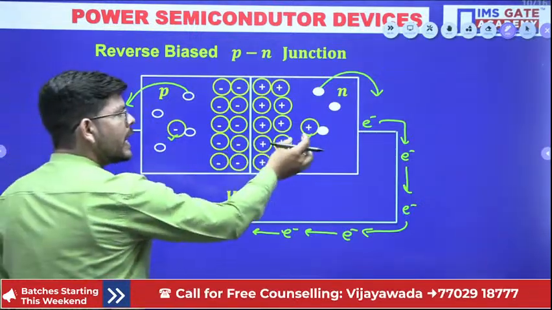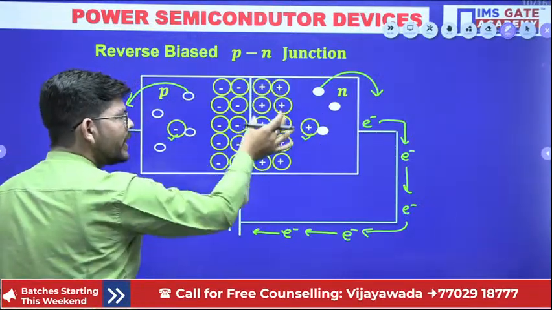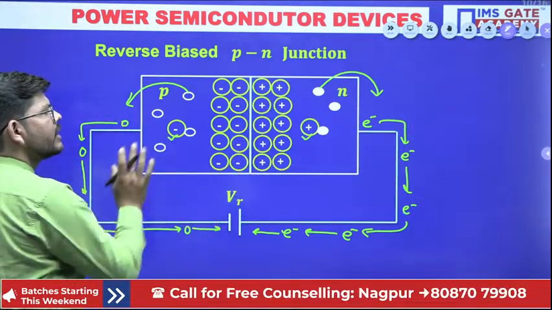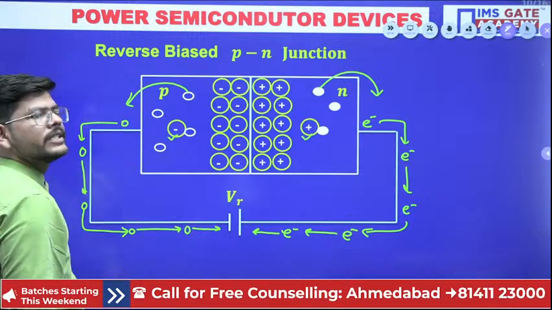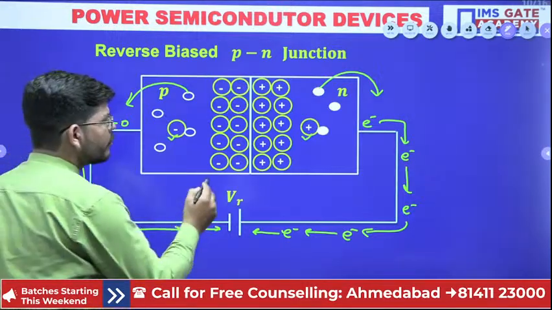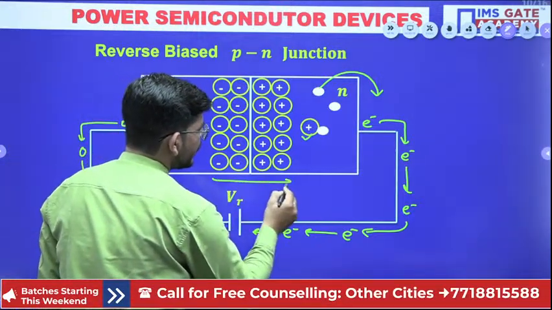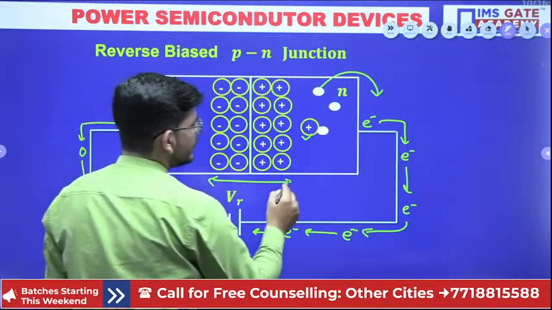So the donor ions of the N type will deplete the N type region, and the acceptor ions from the P type will deplete this particular region of the P type. So the width of the depletion layer will increase and increase, isn't it?